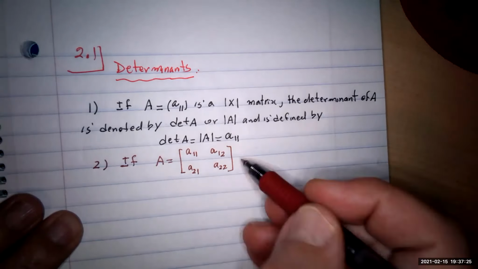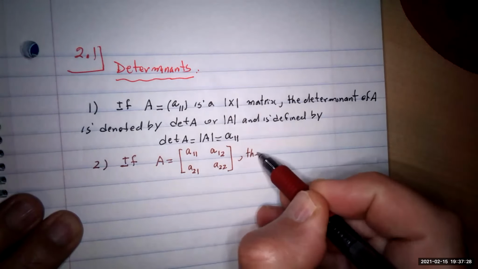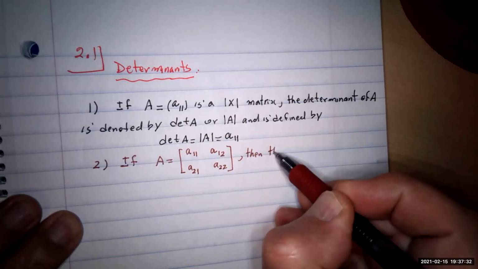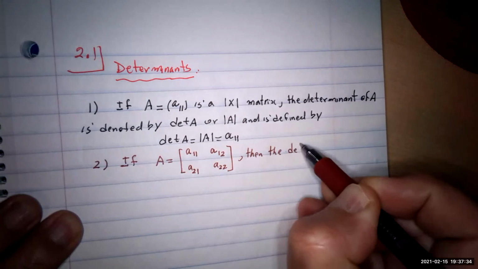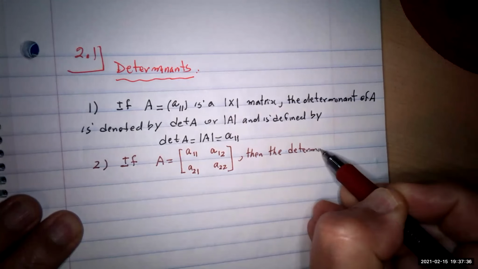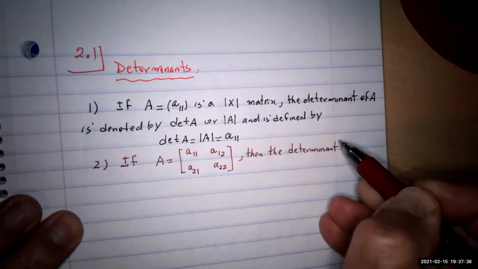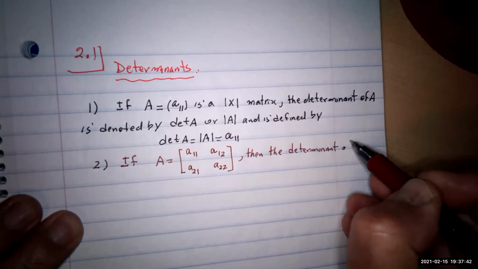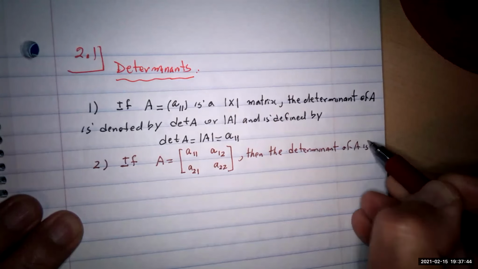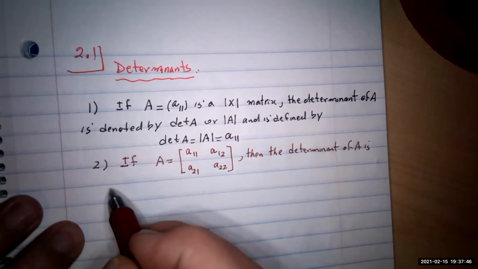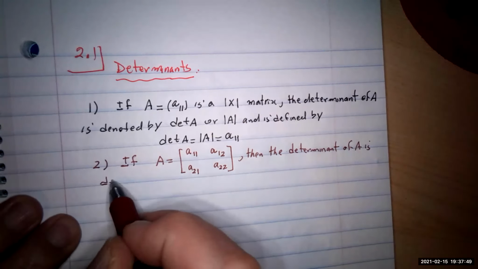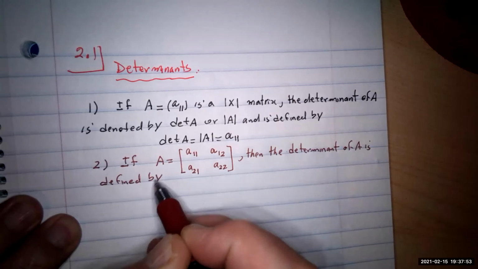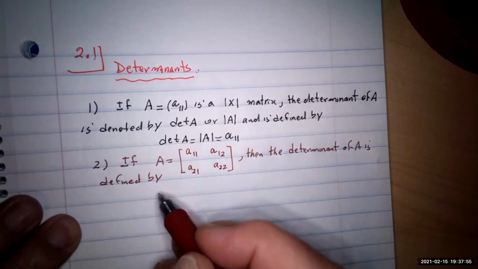Then the determinant would be defined. We already talked about it, but we didn't mention it. So then the determinant of this matrix A is going to be defined as follows.